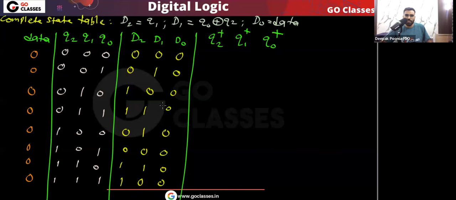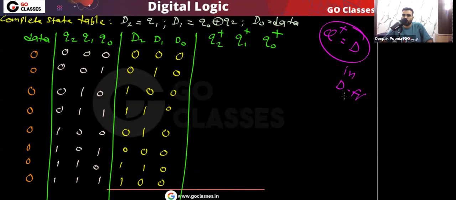And you already know in the D flip-flop, the next state is same as the D input. So q2 plus will be same as d2, q1 plus will be same as d1, and q0 plus will be same as d0.